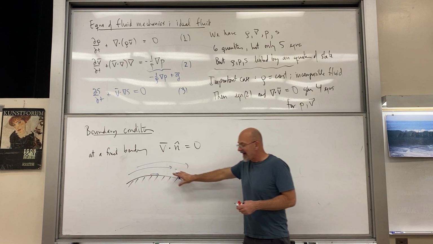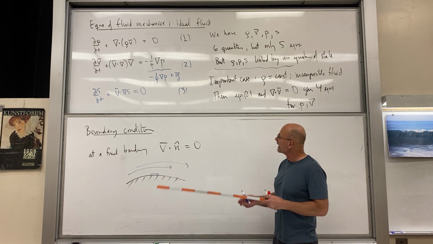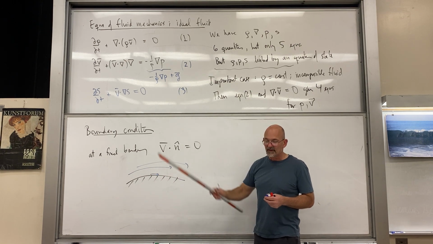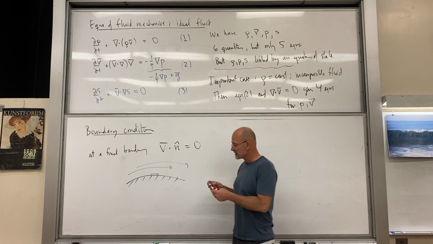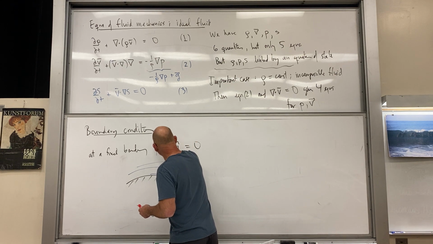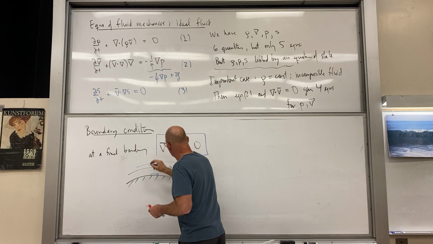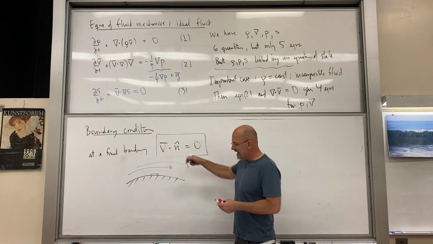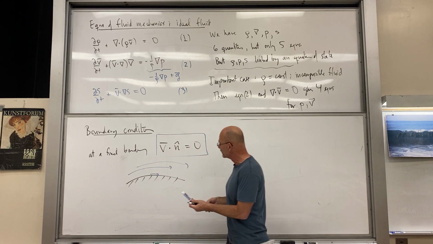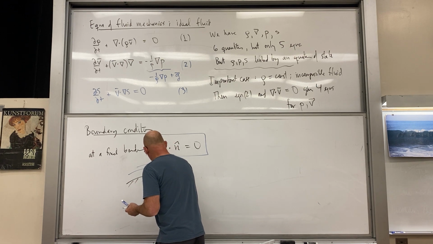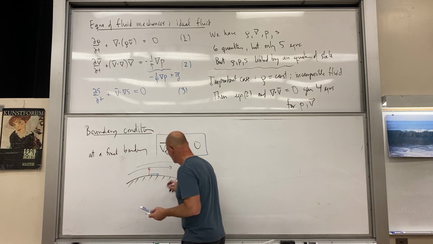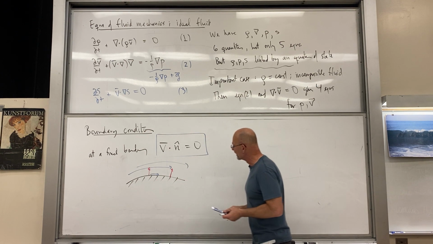So you can have some slip there. And that's required for these equations to be consistent. So that's what this expression means here. The velocity dotted into n hat, and n hat, after all, is the surface normal of this surface there.